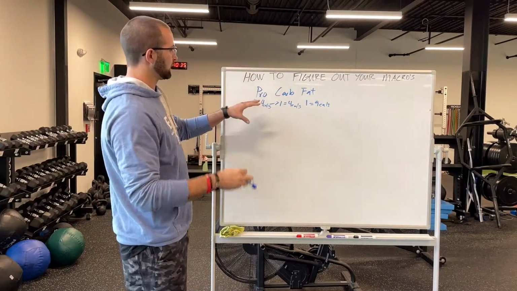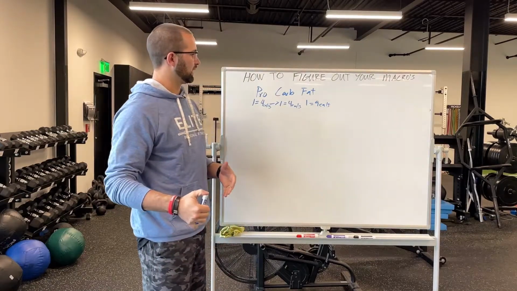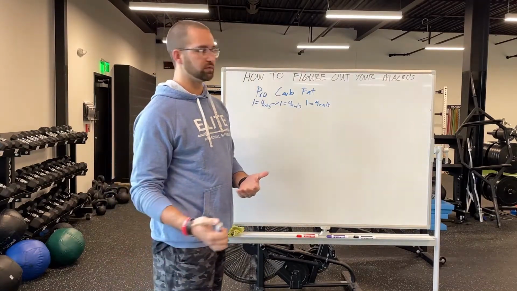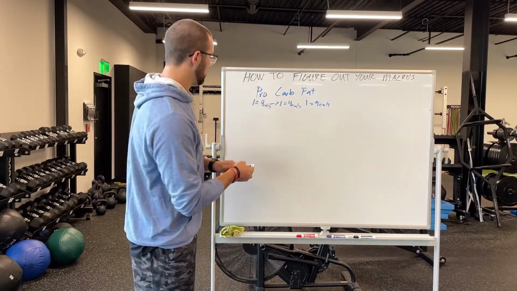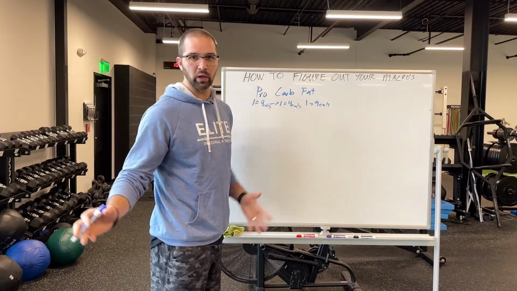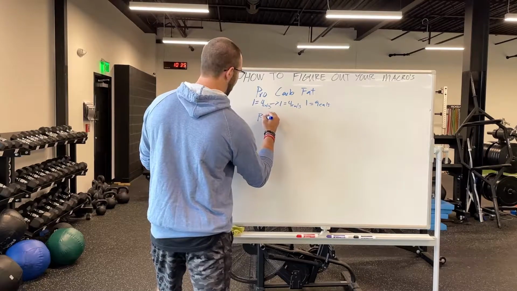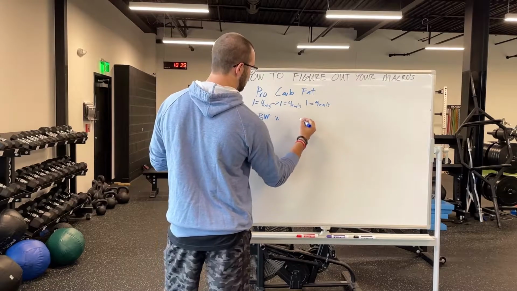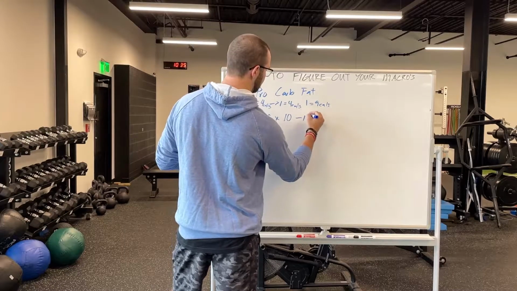Knowing that, when you're doing all of these calculations, the first thing we need to know is how many calories you need based off of your goal. An easy calculation, and again there are a million ways you can do this, but I think this is the easiest way: you would take your body weight and multiply it by 10 to 15.